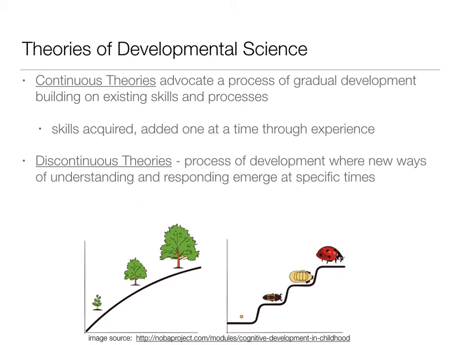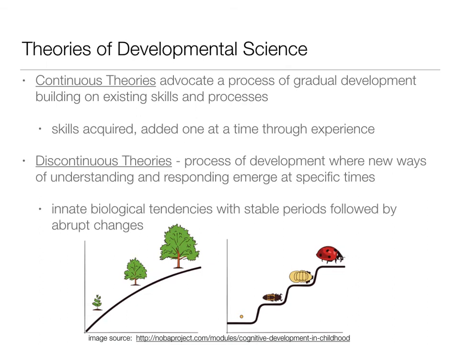Discontinuous theories are where a new skill or new understanding emerges at a specific time. We'll have really stable periods, those flat lines, followed by abrupt changes. When we see the developmental progression of this ladybug here, we have really discrete stages.